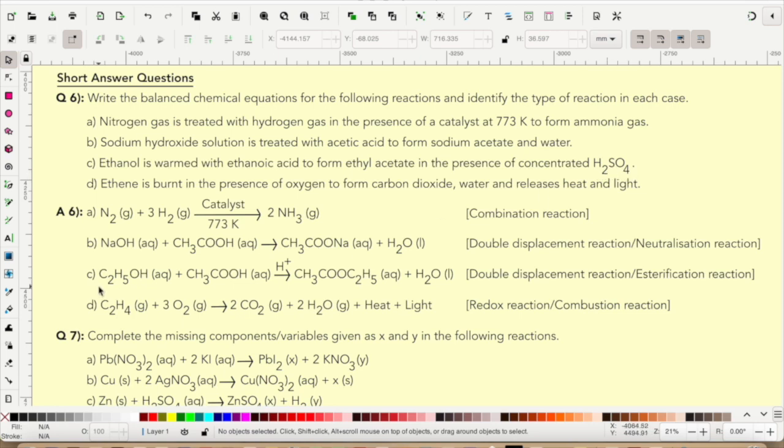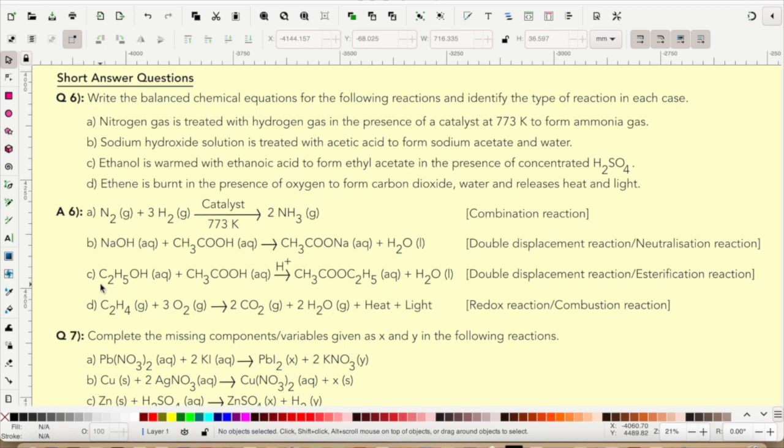Balanced chemical equation is given as ethanol, that is ethyl alcohol C2H5OH aqueous plus ethanoic acid, that is CH3COOH aqueous, in presence of concentrated H2SO4 represented as H plus, gives CH3COOC2H5 aqueous plus H2O liquid. This is double displacement reaction.